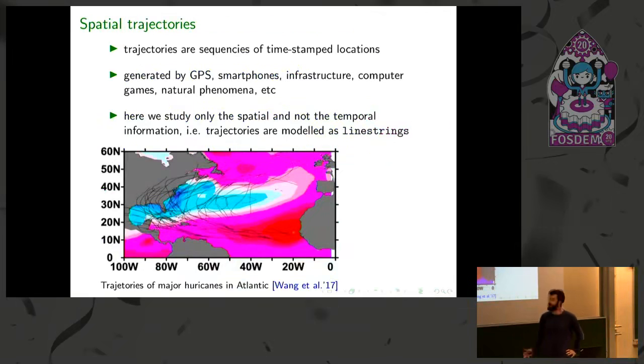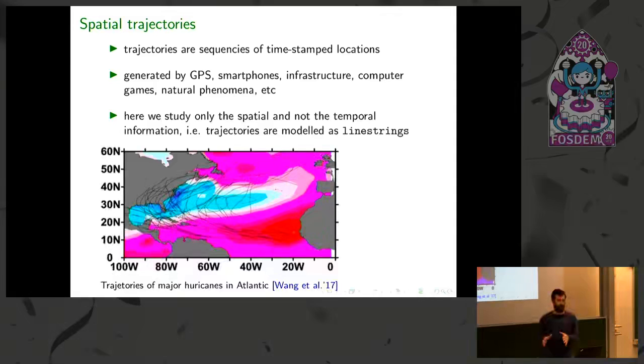Okay, so spatial trajectories, that we're talking about today, are a sequence of time-stamped locations that can be generated by many devices, GPS and smartphones, and also computer games or natural phenomena. For example, these are the trajectories of major hurricanes in the Atlantic.